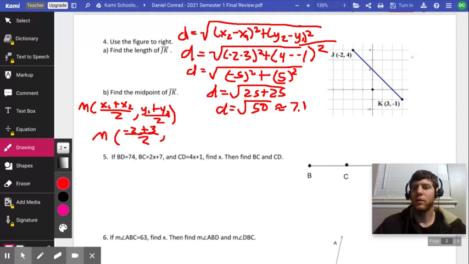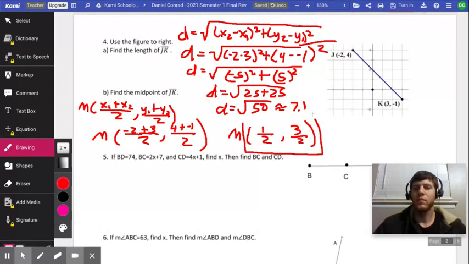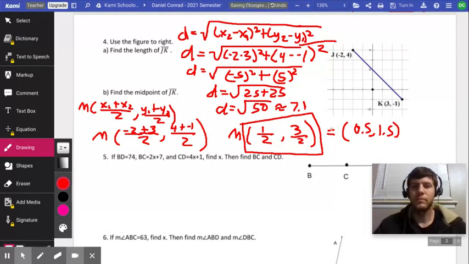And then our y values are 4 and -1. So 4 plus -1 over 2. So that's going to give us -2 plus 3 is 1, so 1 over 2. And then 4 plus -1, that's 3, so 3 over 2. And that's the same thing as 0.5, 1.5, just as decimals.